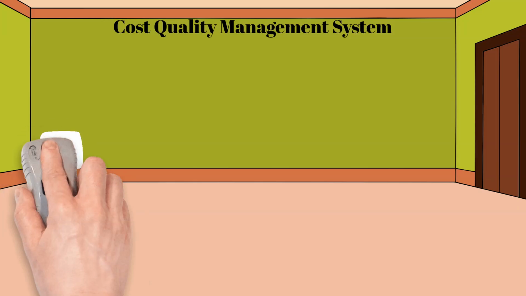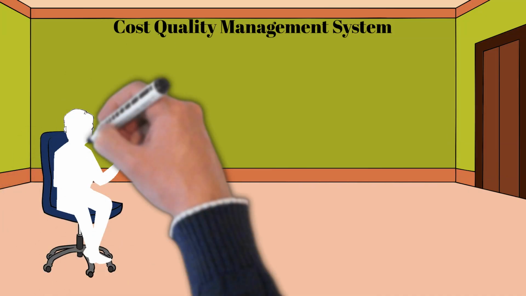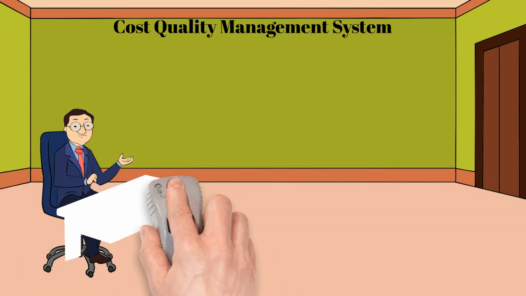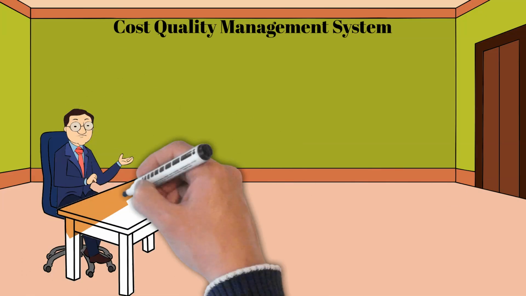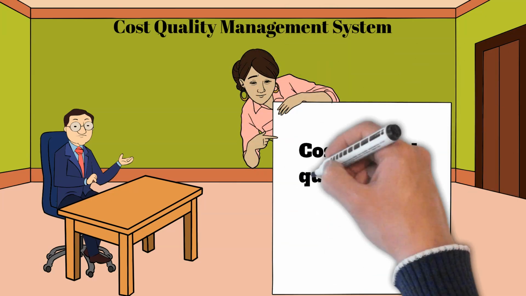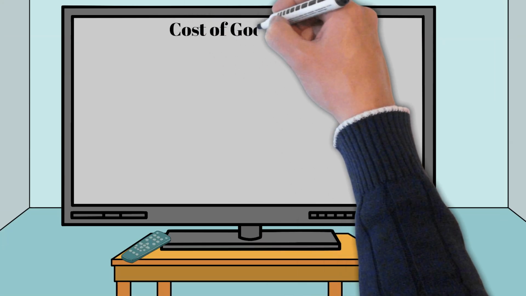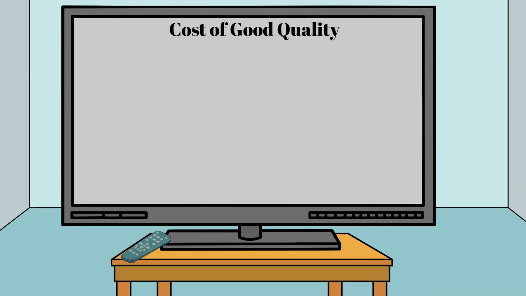Cost of quality and quality management system. We just learned about the cost of bad quality. But how about cost of good quality? So let's discuss cost of quality and quality management system. The advantage of quality management system is that the cost of good quality is controllable and it can be managed through preventive action and appraisals. So what is included in the cost of good quality?